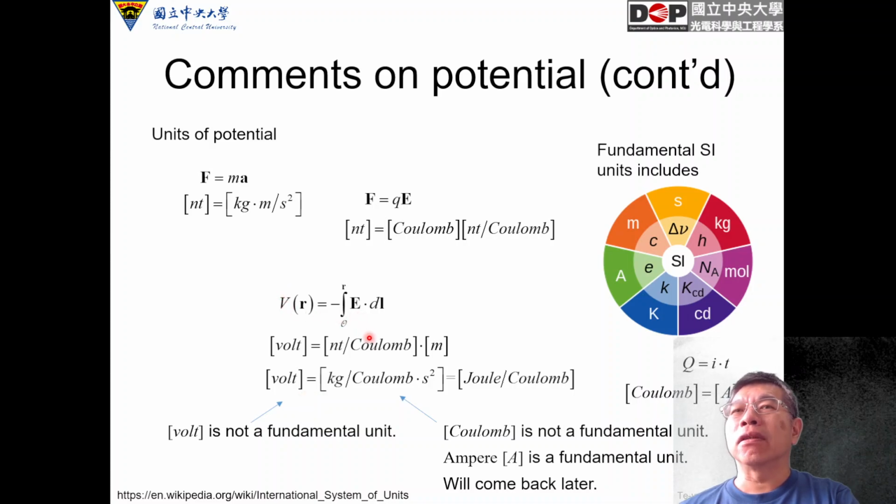And the electric field has another way to be represented: volt per meter. You can move the dl, which has unit meter, so volt per meter describes the electric field. Basically, these are the common units.